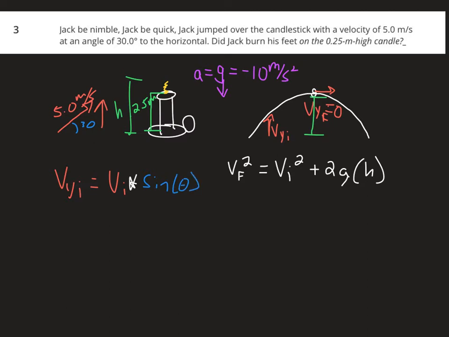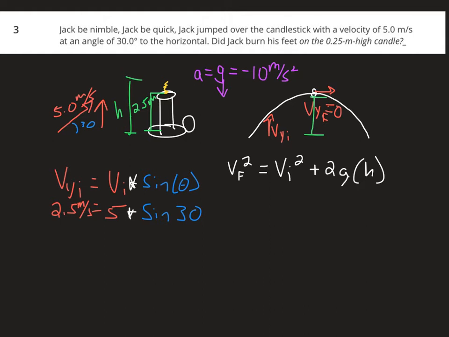So I'm going to put everything in here and say 5 times the sine of 30, which is actually going to give me a velocity of 2.5 meters per second.